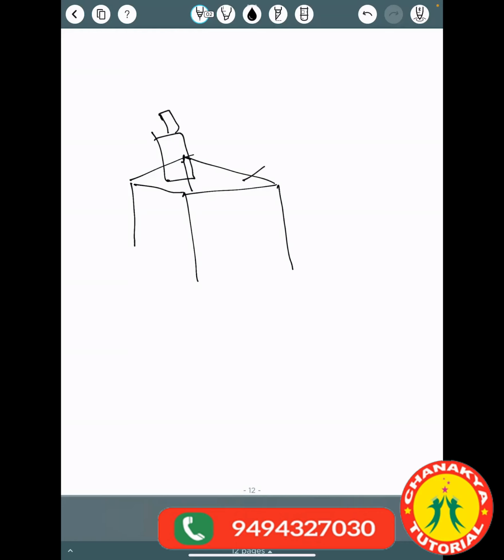Let's say the table is of 5 kg, then this block is 3 kg, then this block is 2 kg. You need to tell me what is the normal reaction on each leg of the table. Okay, will you get me the answer tomorrow? Yes, sir. Yeah, please note this down and we can end the class.